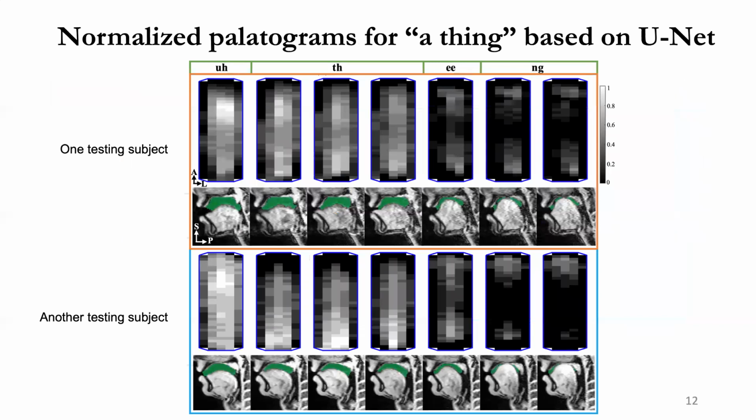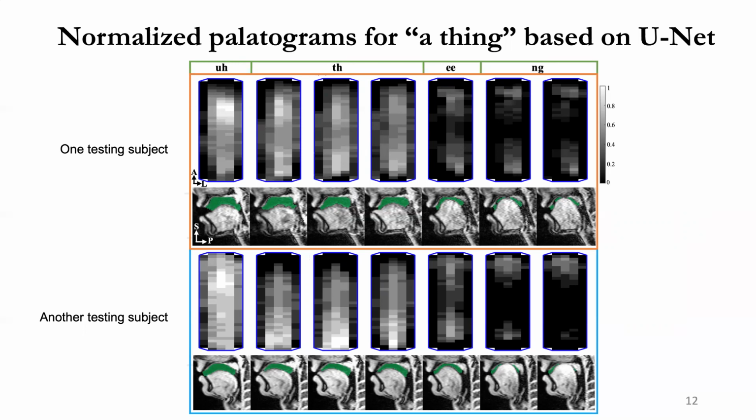We also want to compare the tongue-palate contact patterns between different subjects saying the same phrase. Here are the MR palatograms for phrase "are thin" from two testing subjects at the key time frames. The airway masks were generated by the segmentation UNet.